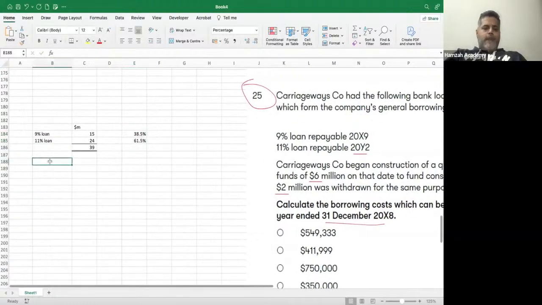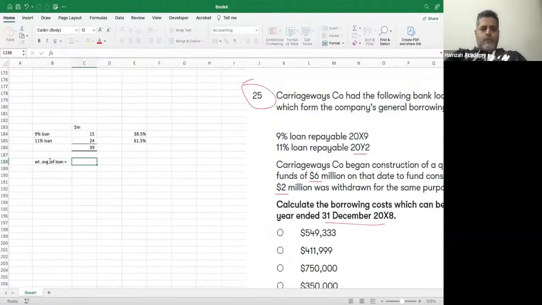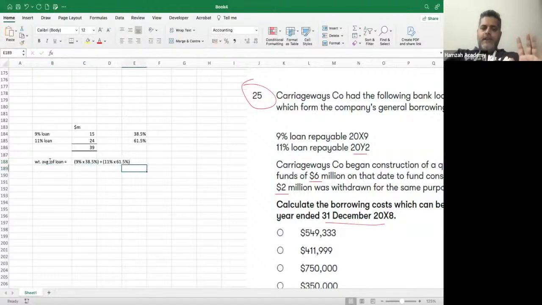Now, if I go to calculate the weighted average of the loan, that's going to be 9% into 38.5% plus 11% into 61.5%. That is the weighted average formula.